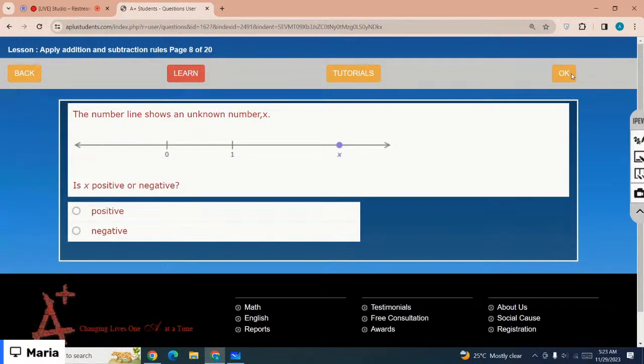The number line shows an unknown number x. Is x positive or negative?